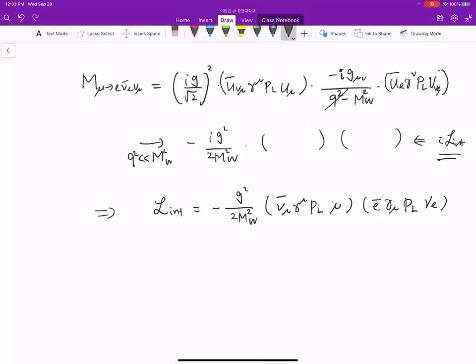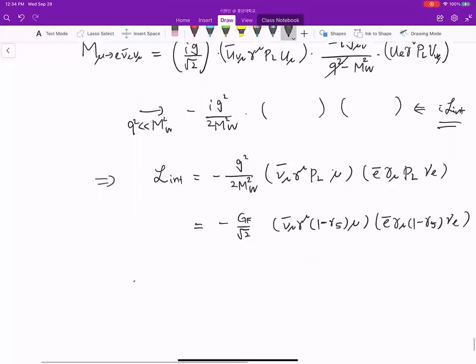Also, this effective interaction you can identify from the amplitude, and then this becomes minus G_F over square root of 2, in the original form written in this V minus A structure, instead of the projection operator. So from there you can easily identify.